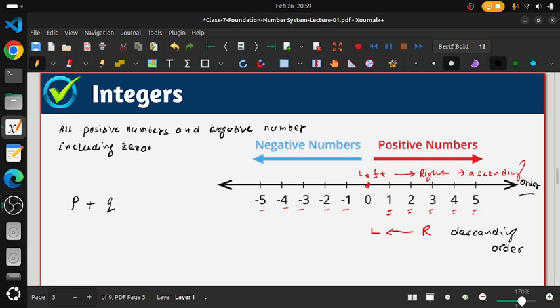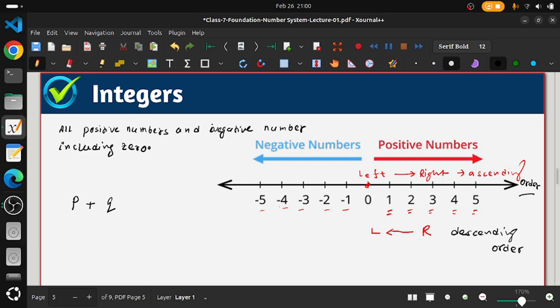If I add two positive numbers, the sum will always be positive. So whenever we add two positive numbers, the result obtained will be positive, and obviously to the right of the given number.